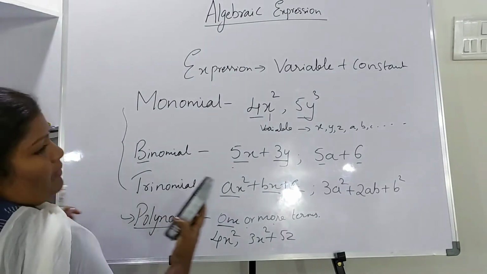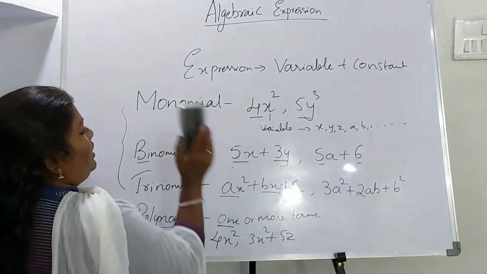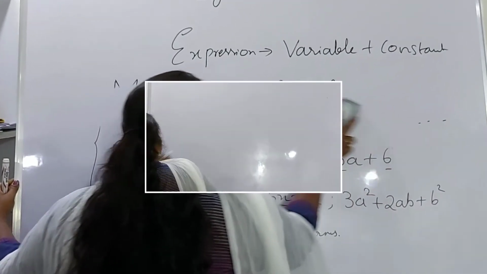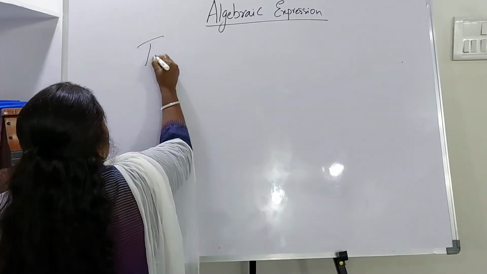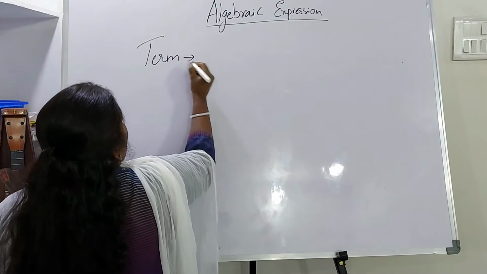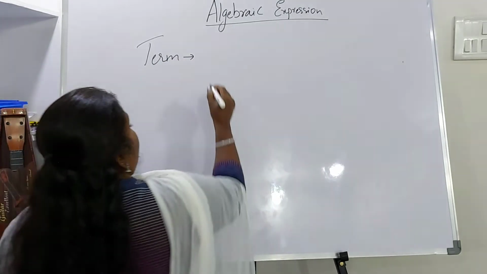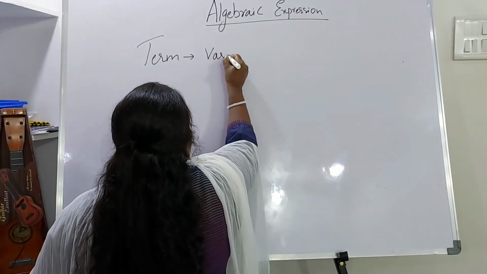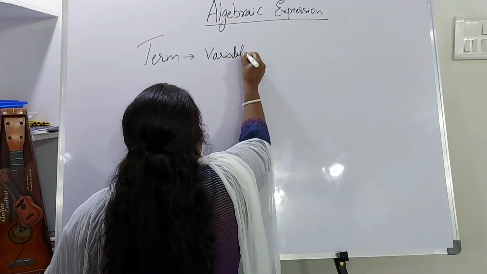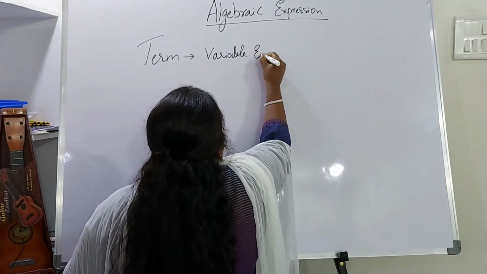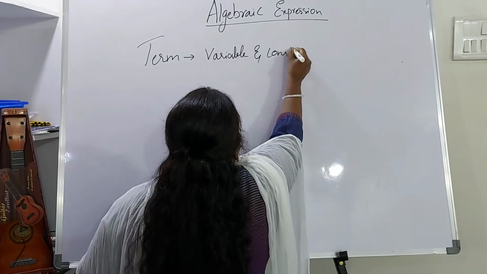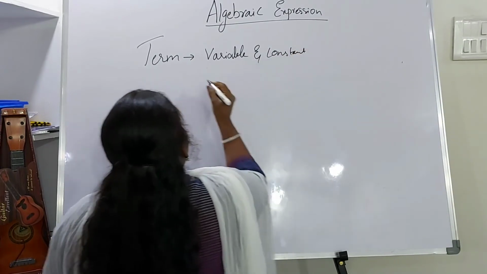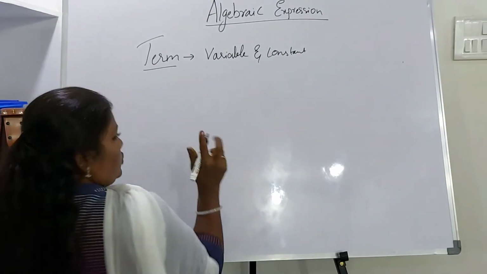So next, let me explain about like term, unlike term. Now term is a combination of variable and a constant. Now here terms are two types.